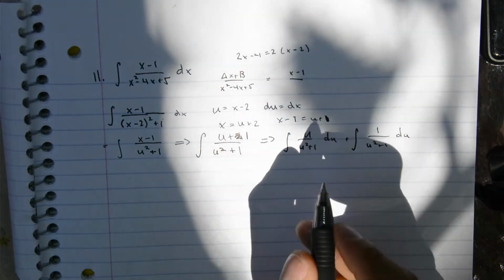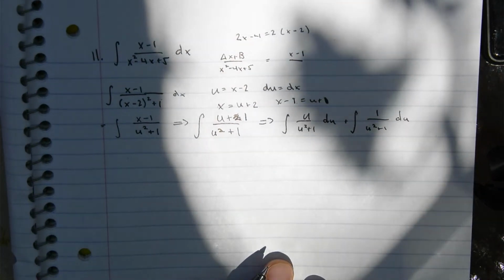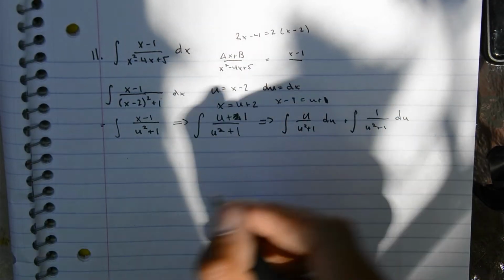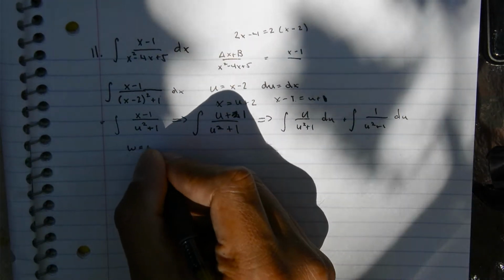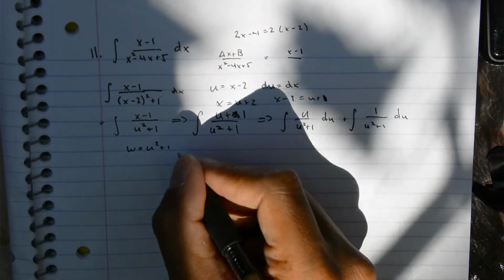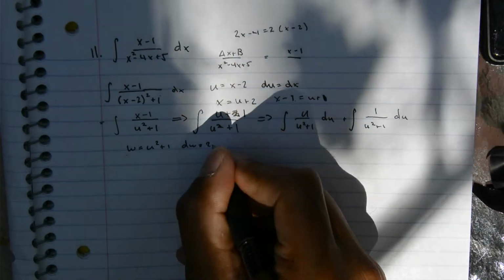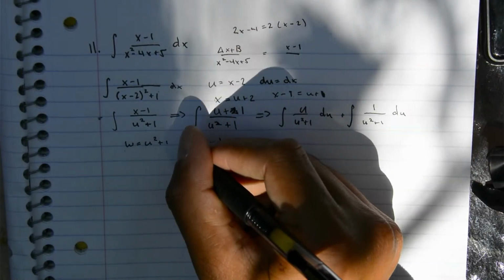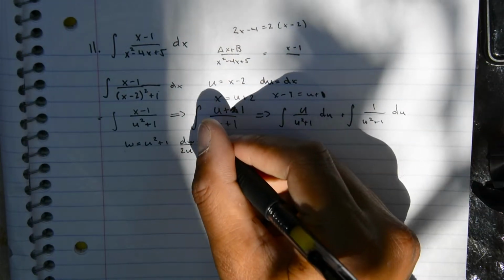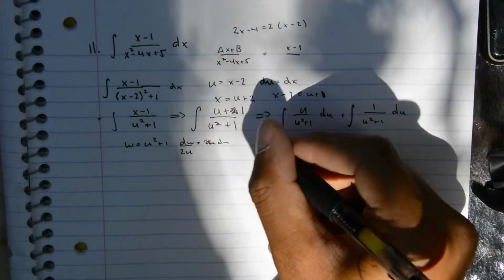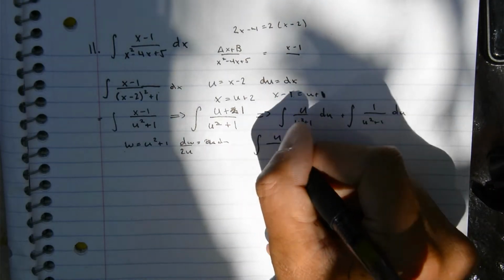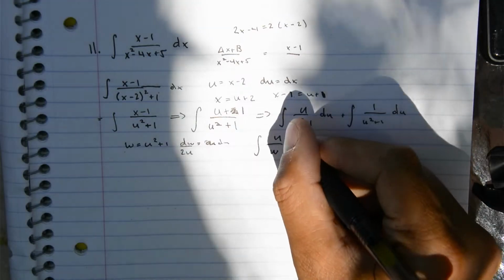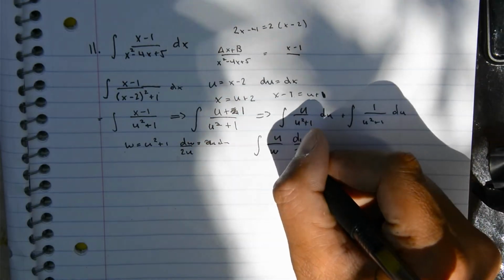So these are actually pretty easy. Yeah, it's going to be... So wait, we need to do w is equal to u squared plus 1. dw is equal to 2u du. So then we're going to get the integral of u over w, dw over 2u.